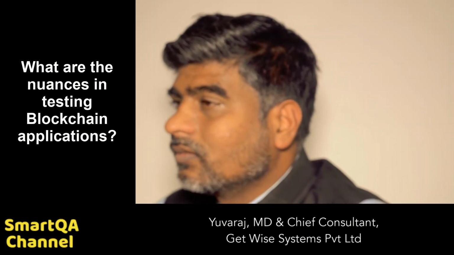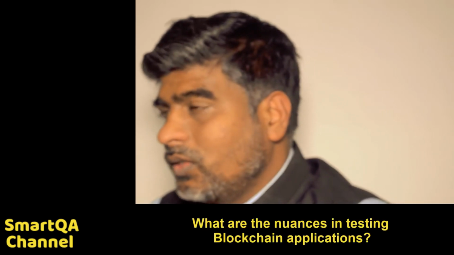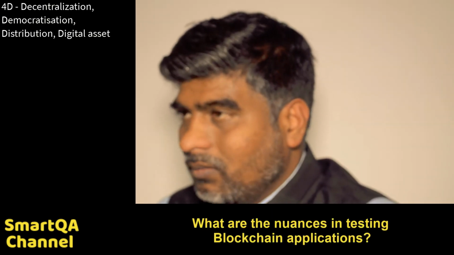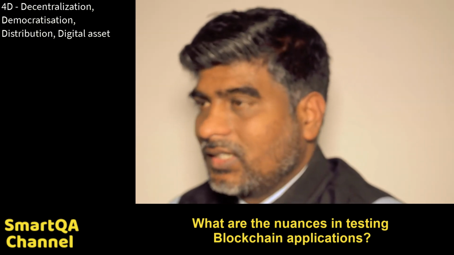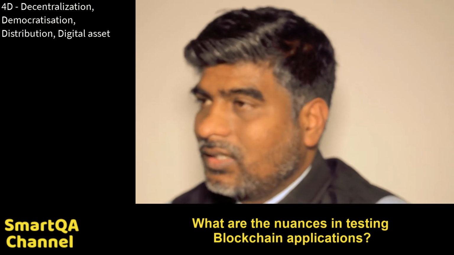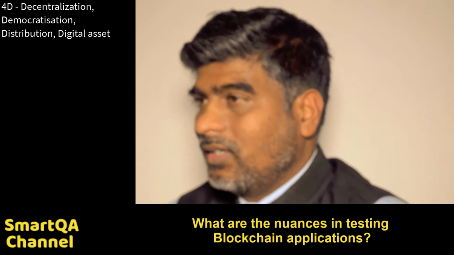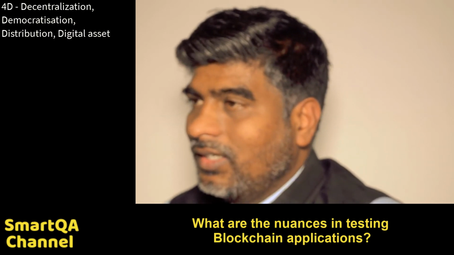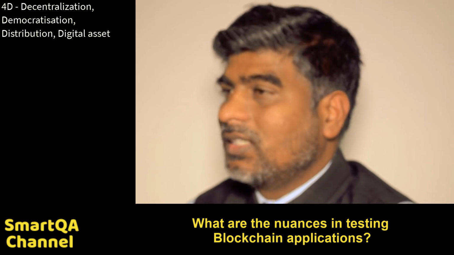So what are the nuances in testing blockchain applications? I use a 4D acronym in blockchain. Blockchain today is a specialized testing service in the market. As we spoke about, decentralization, democratization, distribution, and digital assets are the 4 Ds, the fundamental principles on which blockchains are built.